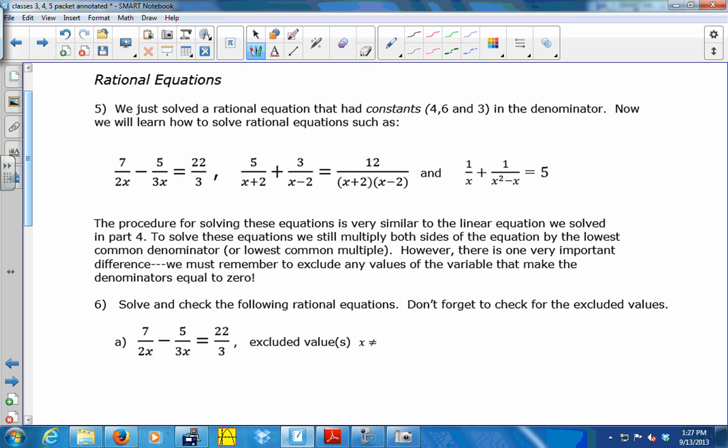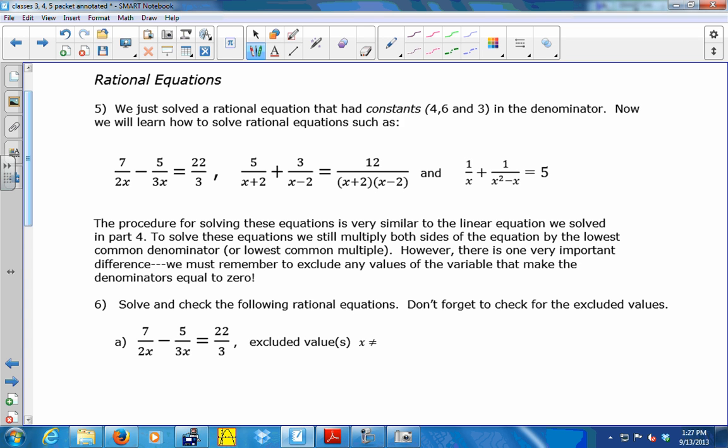So we just solved a rational equation that had constants, just plain old numbers in the denominator. We can do the exact same process when our denominators have variable expressions in them. So things like 7 over 2x minus 5 over 3x equals 22/3.